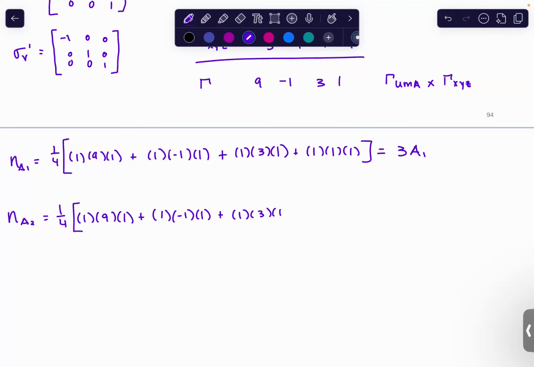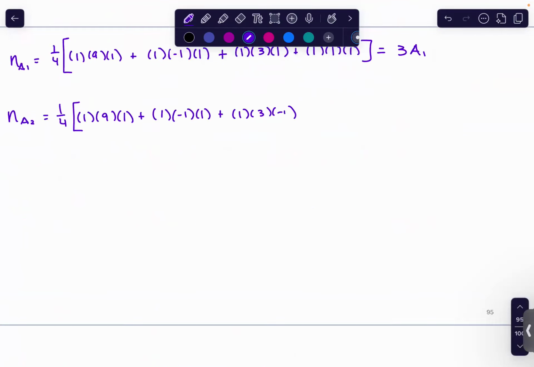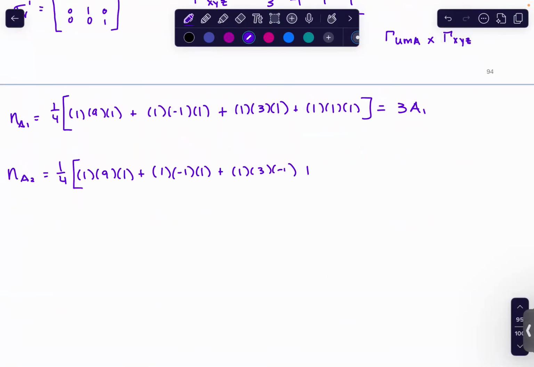No, hang on, that's a -1. A2: -1. There we go. Plus 1, 1, minus 1. This gives me 1 A2.